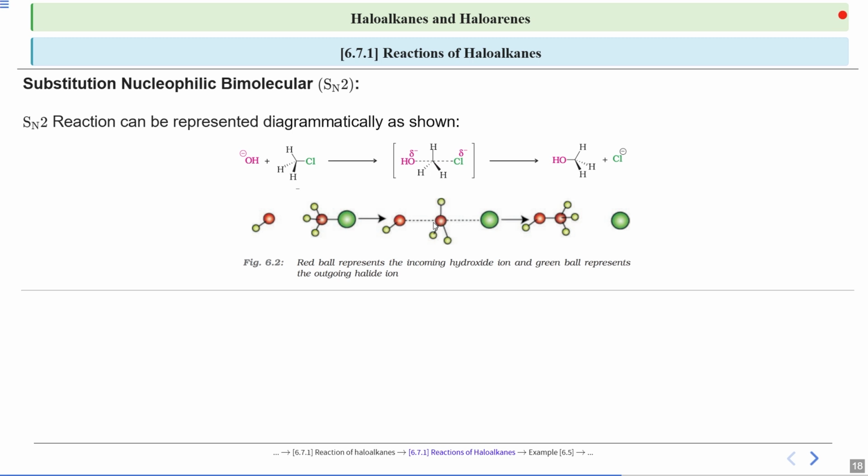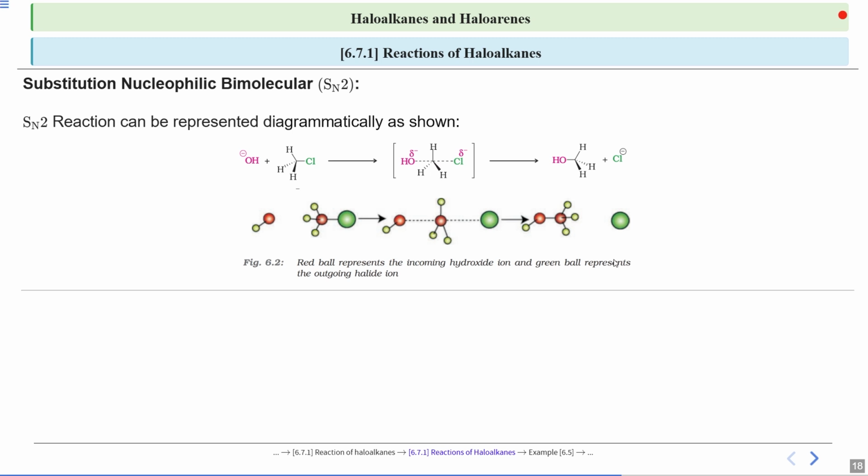Okay, and all the other three carbon-hydrogen bonds come in the same plane, and the lone pair present on our hydroxide is going to attack the partial positive carbon of the carbon halogen bond, and the carbon halogen bond will break, and you will get this final product where hydroxide ion is bonded with your carbon, and the halide ion will be removed from the reaction.